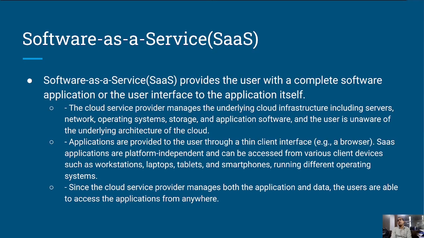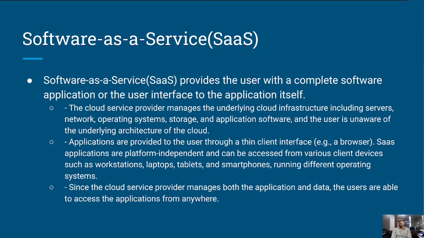Next one is software as a service. Software as a service provides the user a complete software application or the user interface to the application itself. The cloud service provider manages the underlying cloud infrastructure, including servers, network, operating system. Everything is actually managed by the service provider in this case.